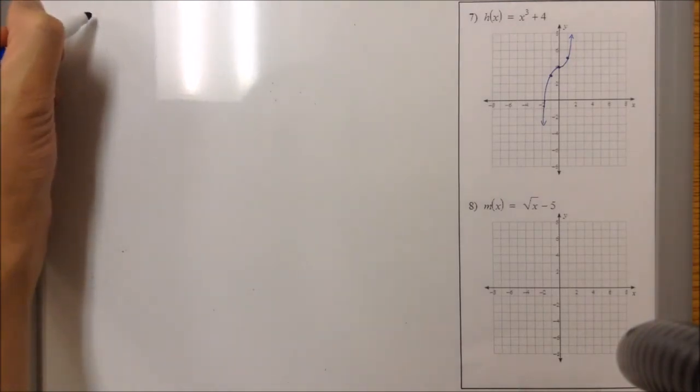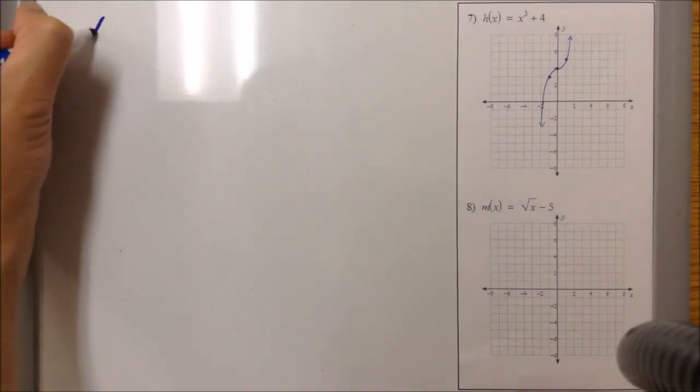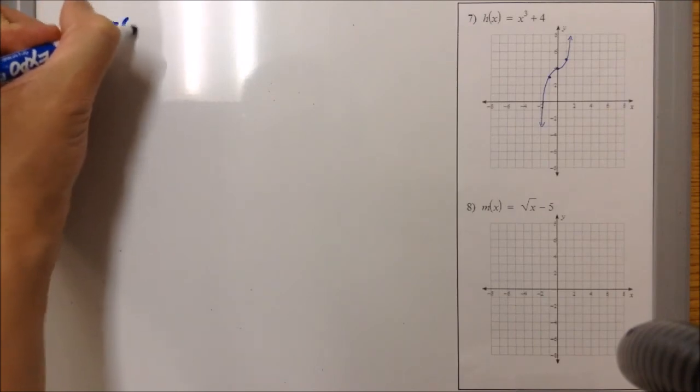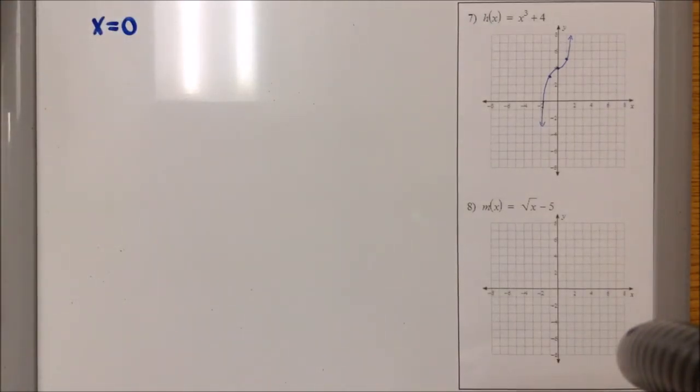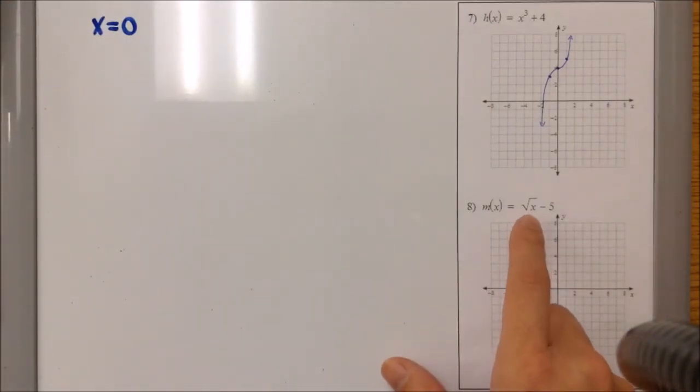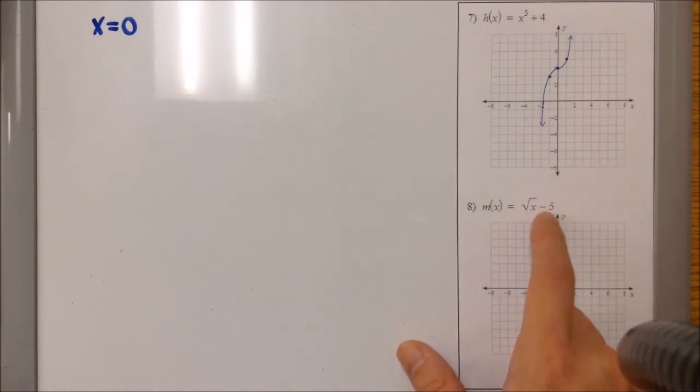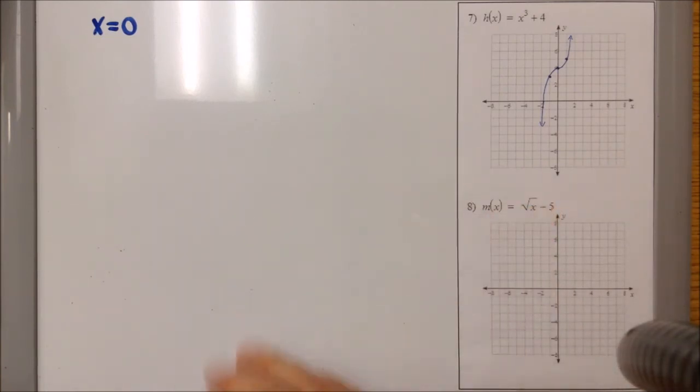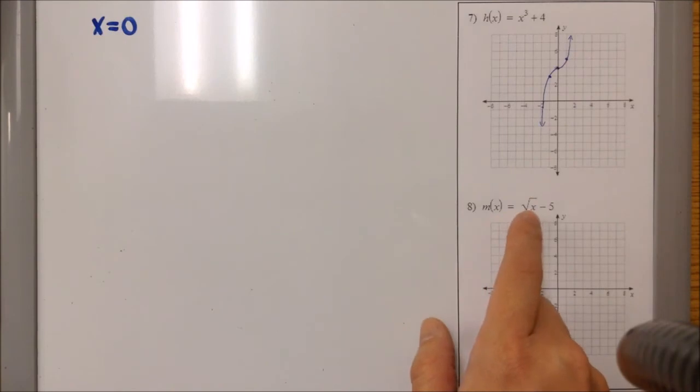So I'm going to write right here, x equal to 0. Since the minus 5 is after the function, and there are no numbers within the function, the x-coordinate of the vertex is equal to 0.